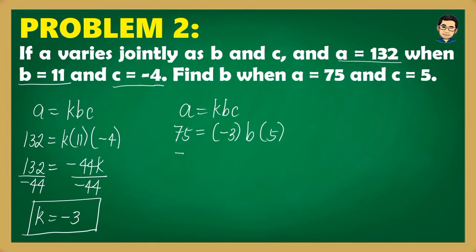Next, 75 is equal to negative 3 times B, that is negative 3B, times 5, negative 15B. Ayan. And then we divide both sides by negative 15. Ayan. So the value of B is negative 5.